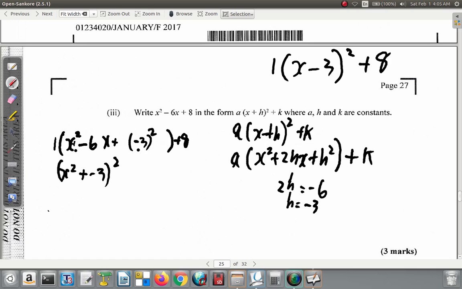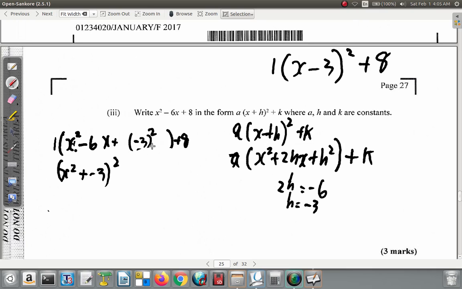The fact that I added, oh no, why did that happen? Alright, let's get rid of this thing here. What I'm saying is, the fact that I added negative 3 squared inside the bracket is something new.